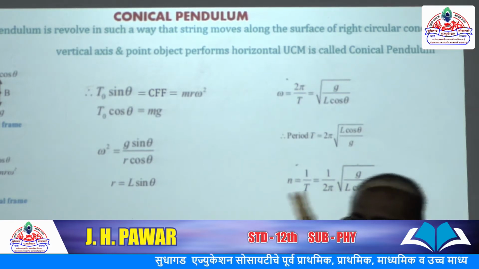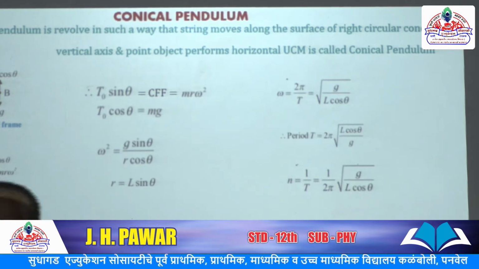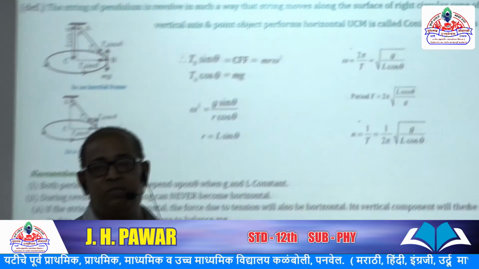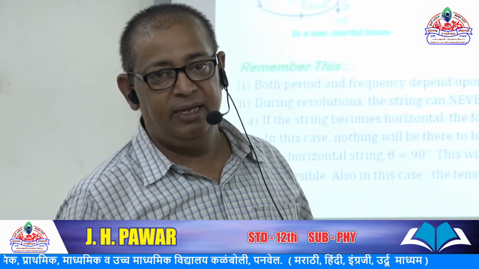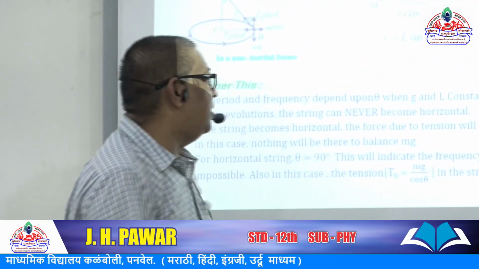This is the expression for the period or frequency of the conical pendulum. You also studied this expression in 11th standard, still it is included in your 12th standard syllabus.